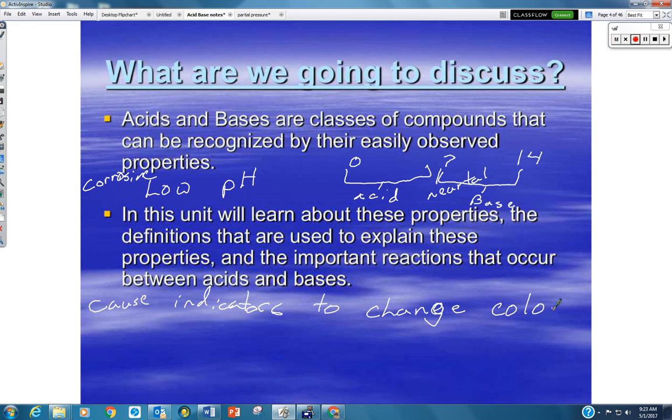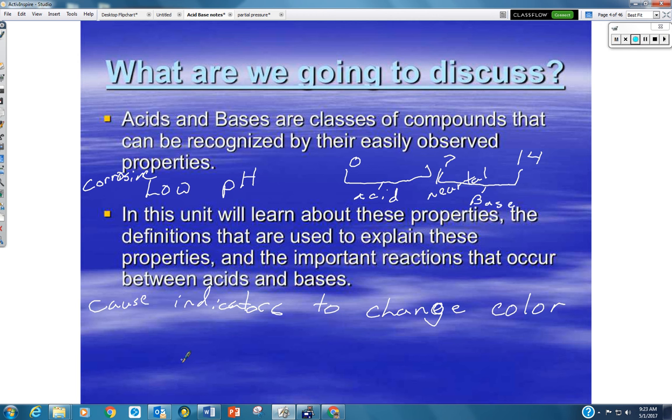Basically, an acid, and this is another property that we'll get to in a minute, is anything that will produce a hydrogen ion in solution. So if it has a free hydrogen or produces hydronium, H3O, we'll see that.